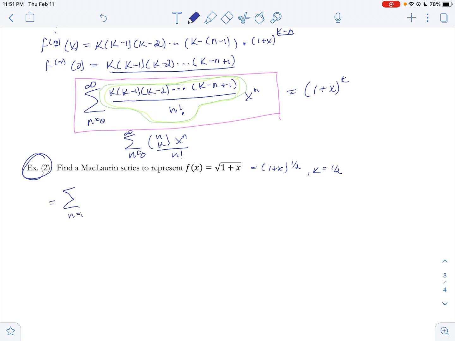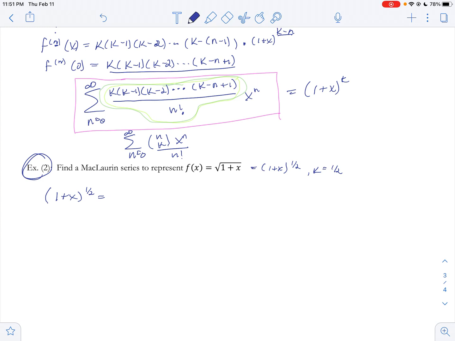Before we write it as a sum, because we have to look for patterns again and that's going to be a little hard, let's just write out the terms. So 1 plus x to the 1/2: when I plug in 0, it gives me a 1.